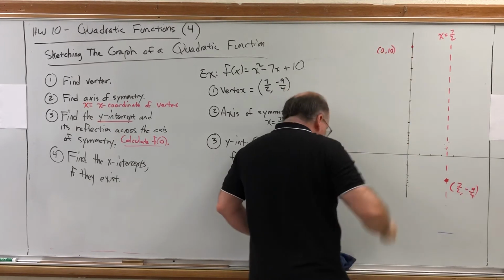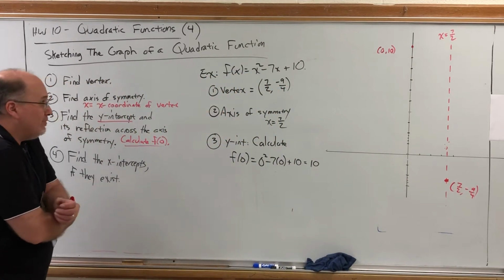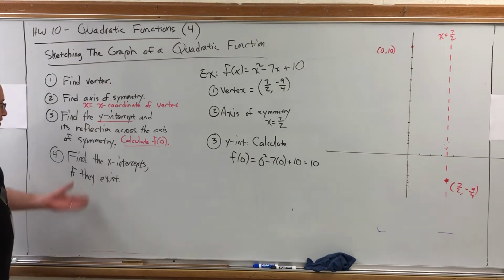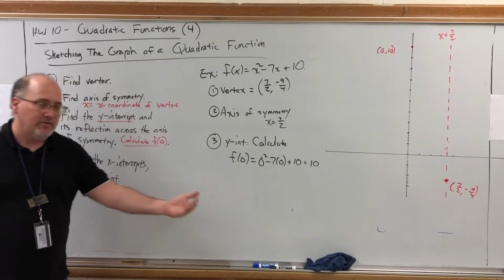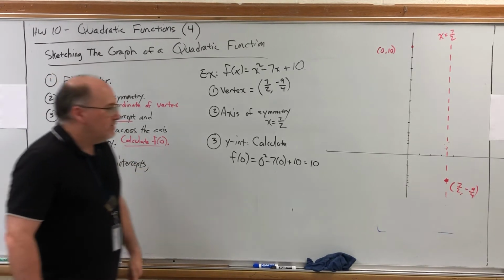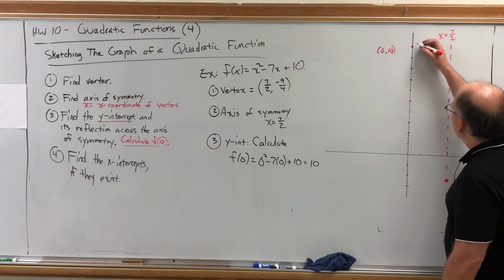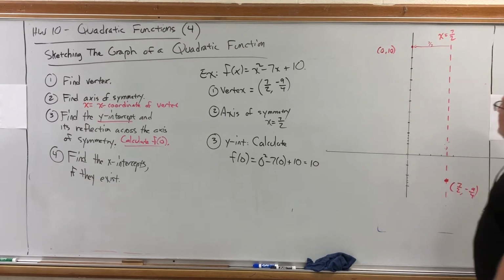Now, what I'm about to show you isn't actually necessary, but I like it because it really illustrates what the axis of symmetry does. Every point on the left side of the axis of symmetry has a mirror image on the right, including the y-intercept. How do you find the mirror image? Well, it's easy. You ask yourself, how far from the axis is it? That's easy. It's 7/2 away.